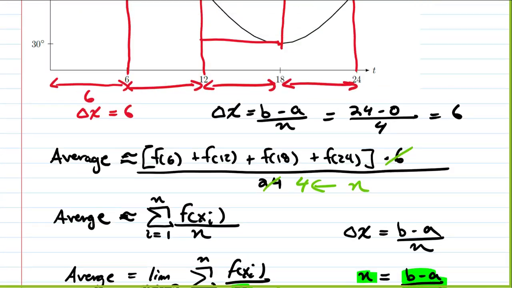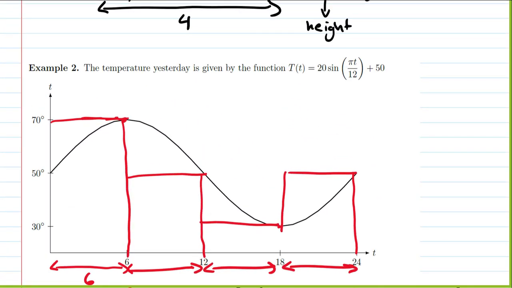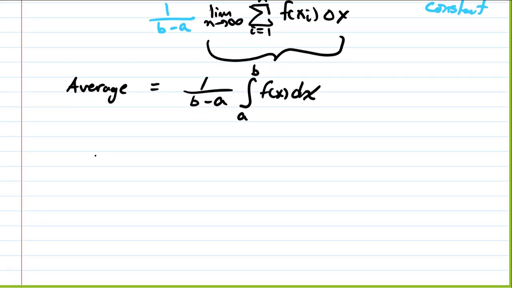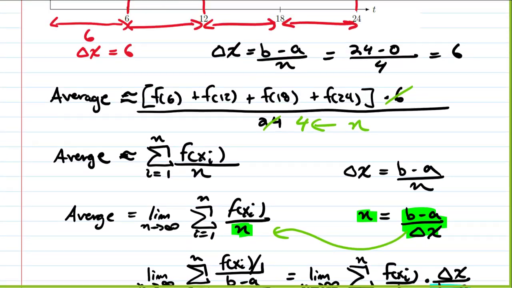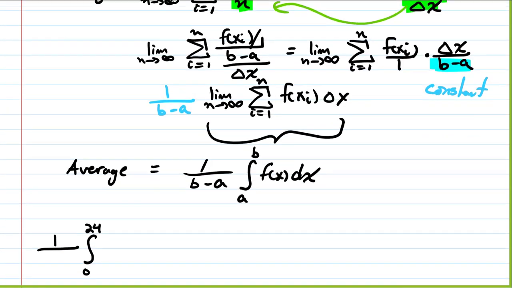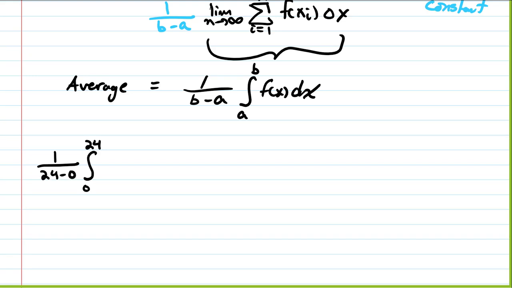So now after deriving that formula, let's go ahead and answer our question. So if we do the integral from 0 to 24 of our function, we're going to have 24 minus 0, and our function is equal to 20 times the sine of pi t over 20 plus 50, and we do that dt.